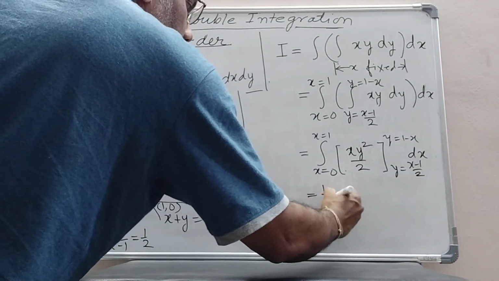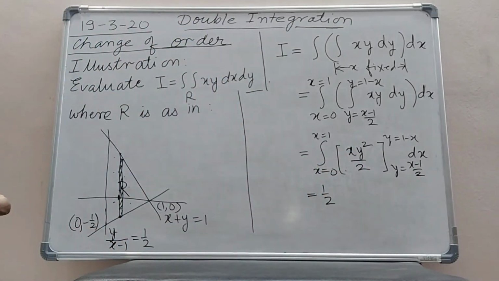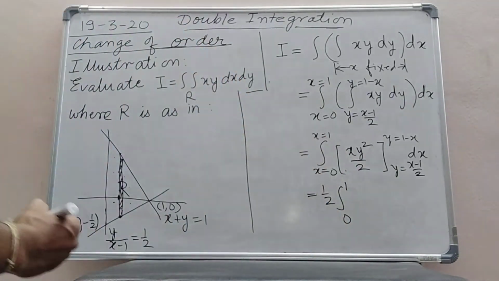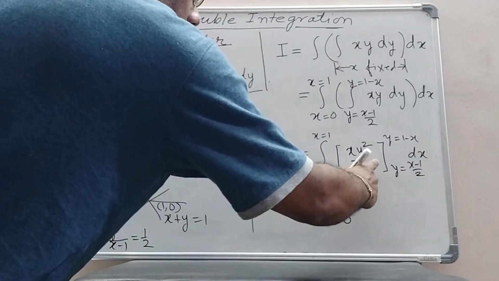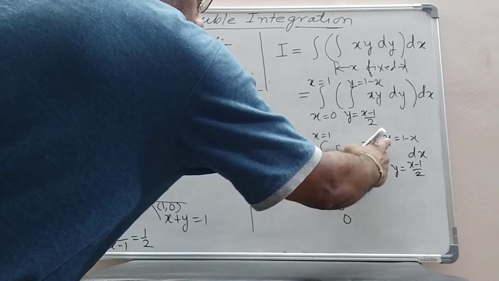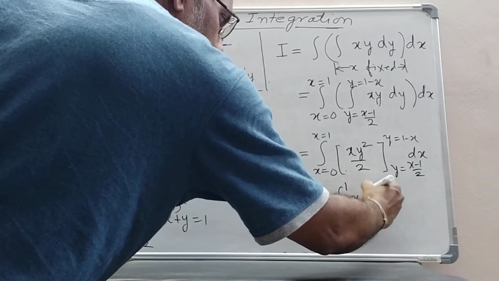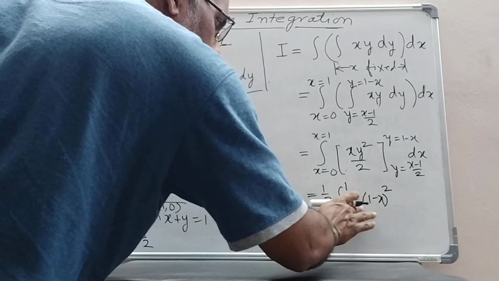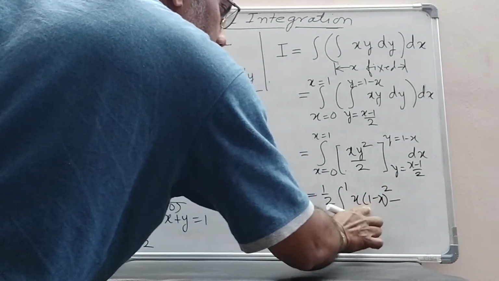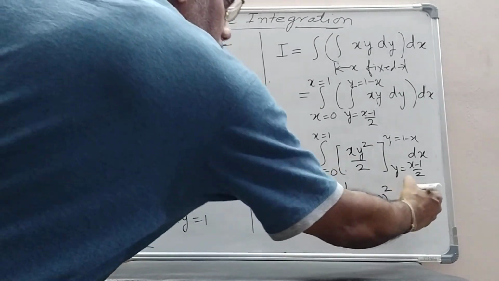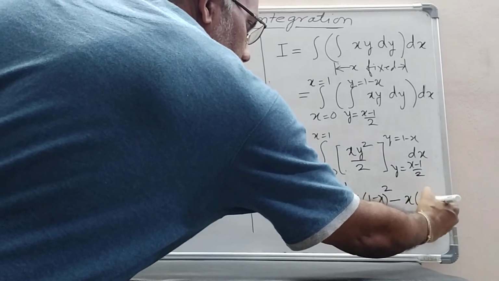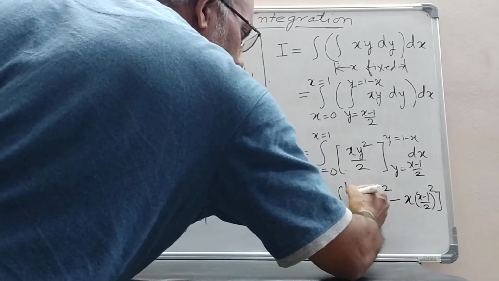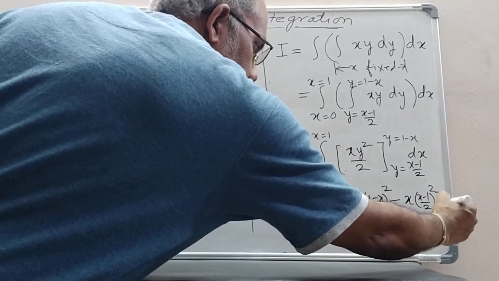This is half of, I pull this 2 out, integral 0 to 1, upper limit, replace y by 1 minus x, the 2 is already out, minus x times (x minus 1 by 2) square dx.